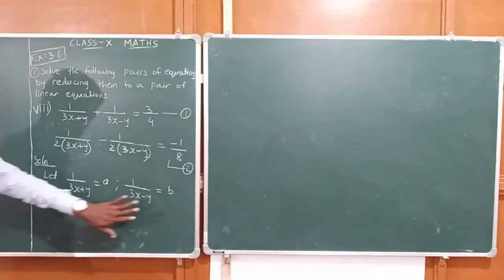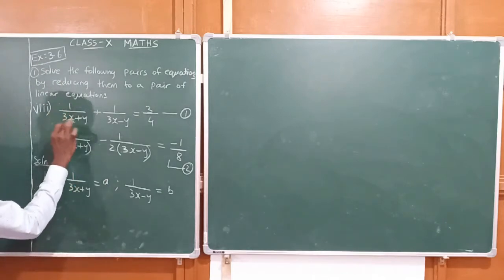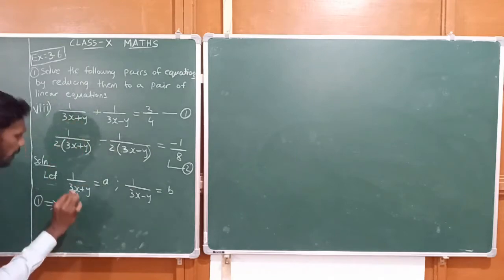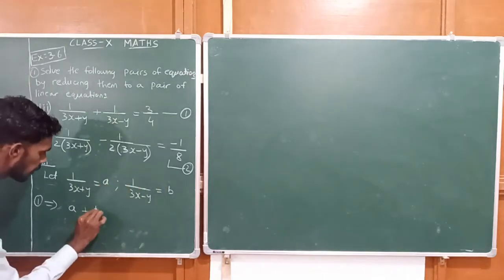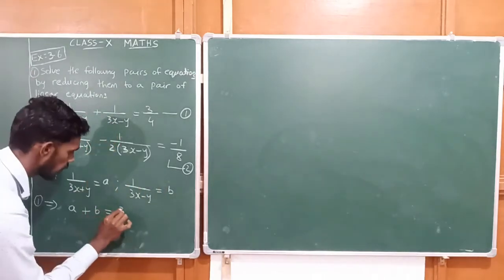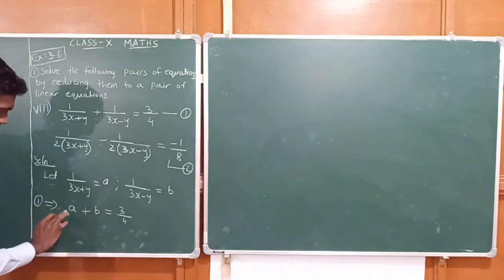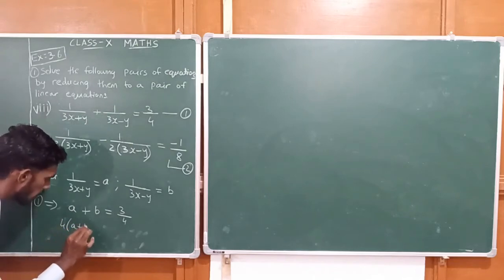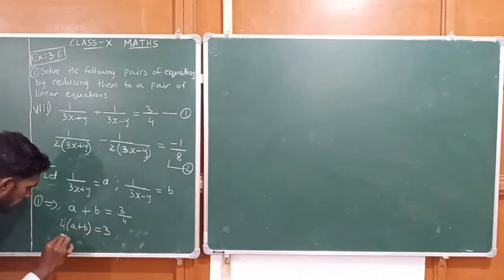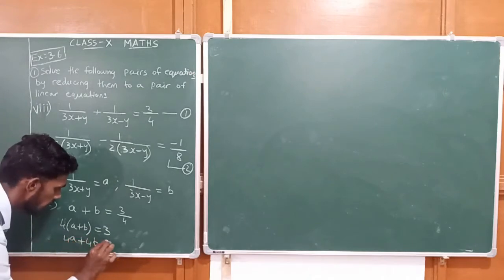On substituting these assumptions in equations 1 and 2, equation 1 will become 1 by 3x plus y, that is a, plus 1 by 3x minus y, that is b, is equal to 3 by 4. When I take this 4 to LHS, it is multiplied with the term a plus b. So it is 4 into a plus b is equal to 3, which gives 4a plus 4b is equal to 3.